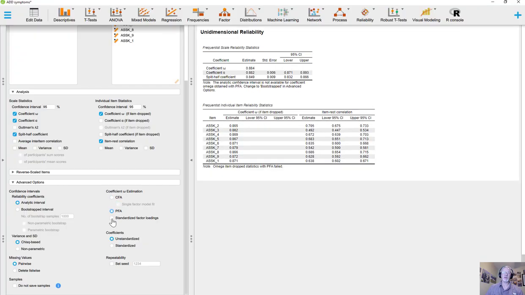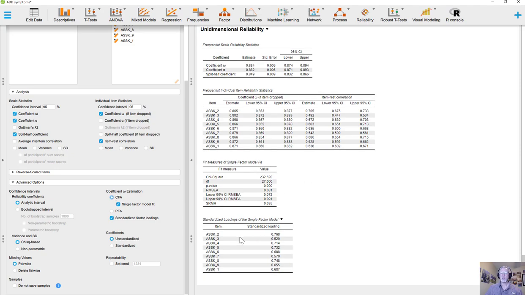If you go to PFA and then standardize loadings, it's showing you the factor analysis loadings that you would get, and they're all healthy. What's a healthy factor analysis loading? The factor analysis loading is the correlation of the item with the factor, the latent variable.